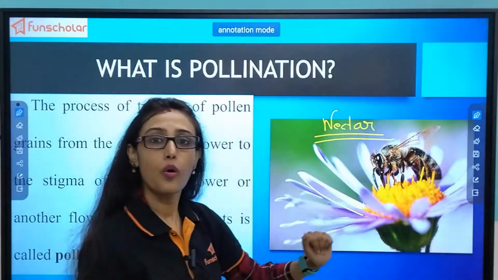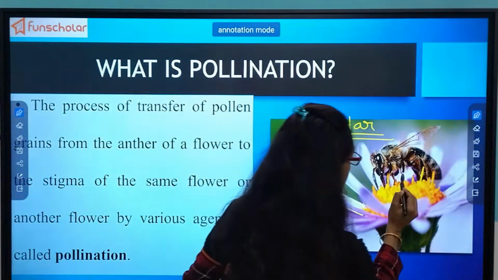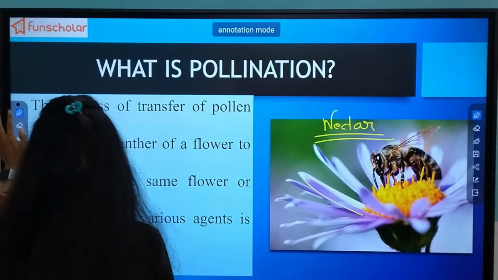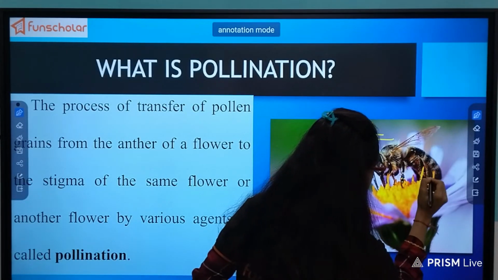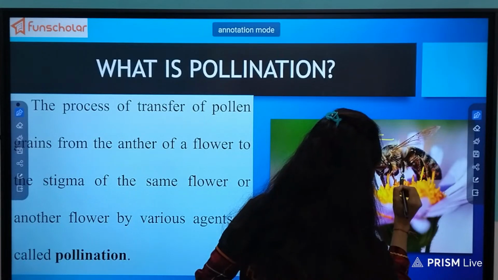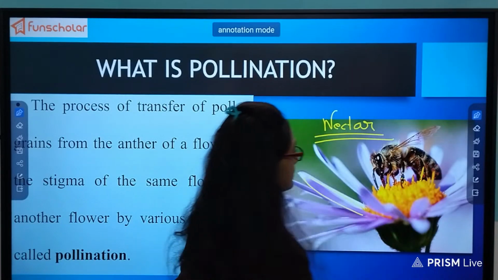While doing this, what happens? The pollen grains stick to the legs and other body parts of that insect.